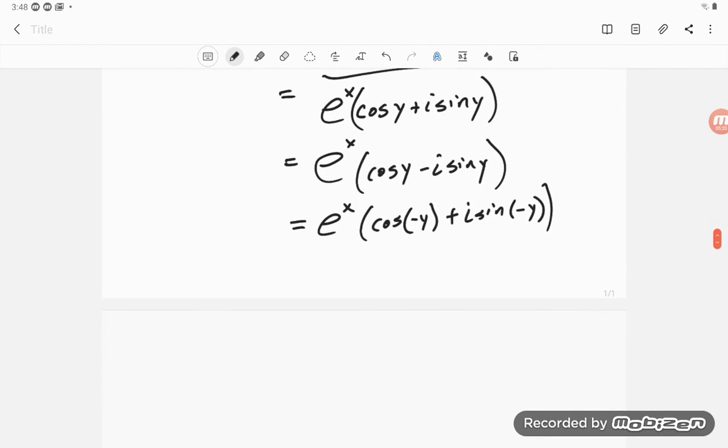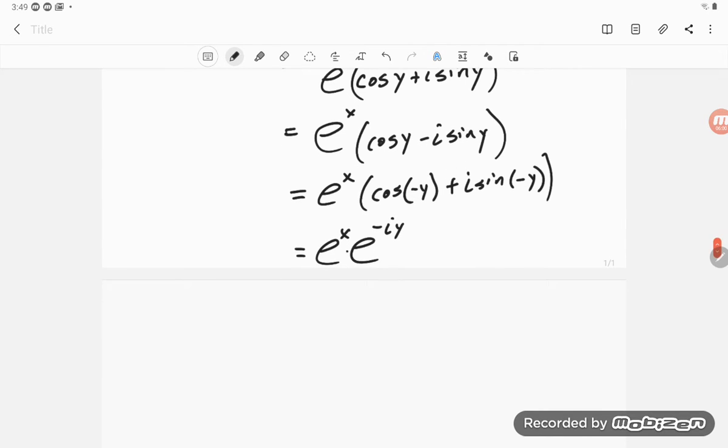Yeah, that is what I want. So then this I can write as e to the x, and then e to the minus iy. Now I can put that back together, e to the x minus iy, and that finally is e to the z conjugate. So that did take a little bit.